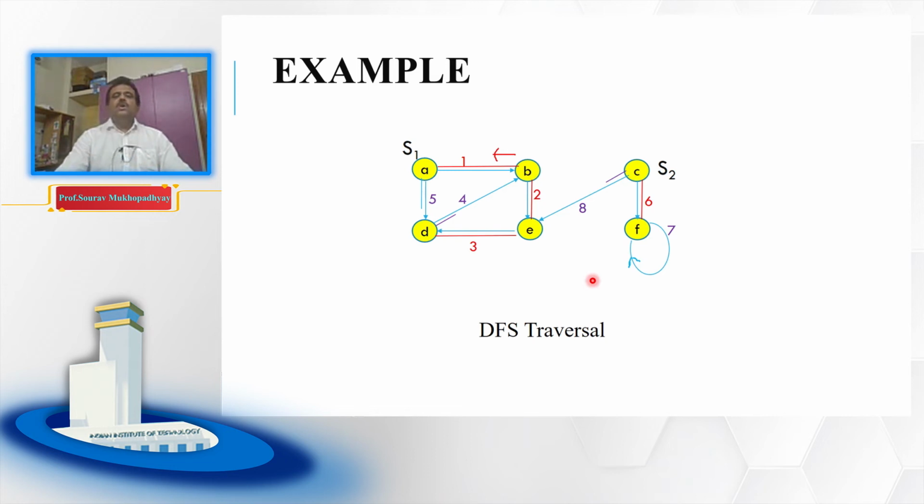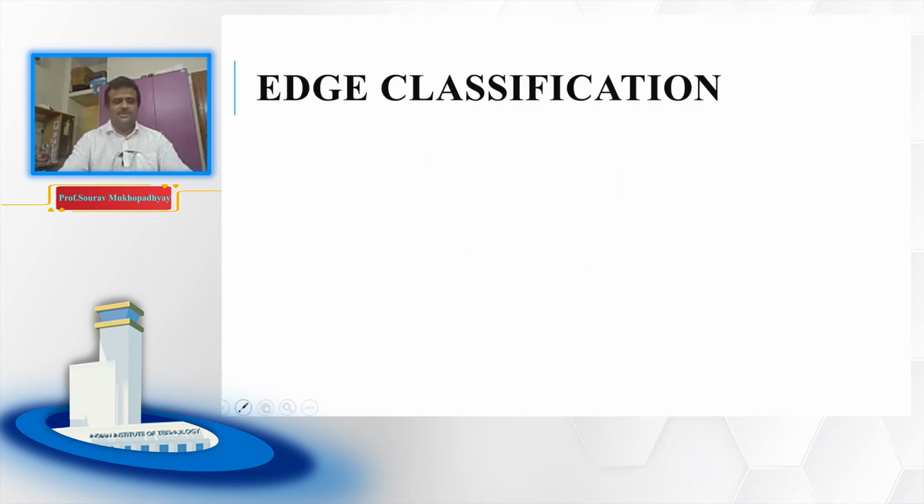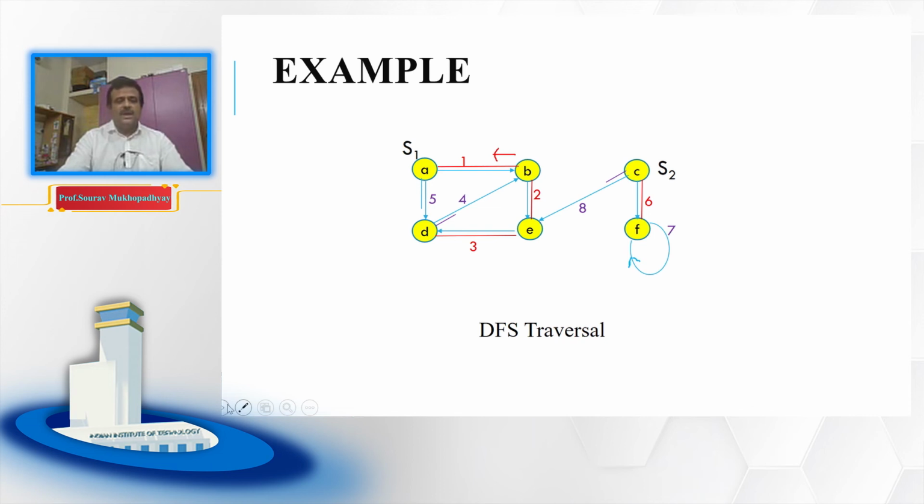Now, we want to identify the edges. So, this is the edge classification. For example, we want to find the tree edges. There are 4 types of edges: tree edge, forward edge, back edge, and cross edge.